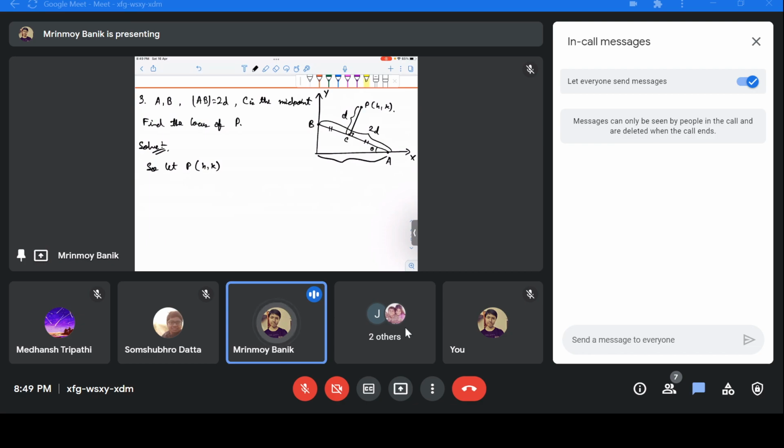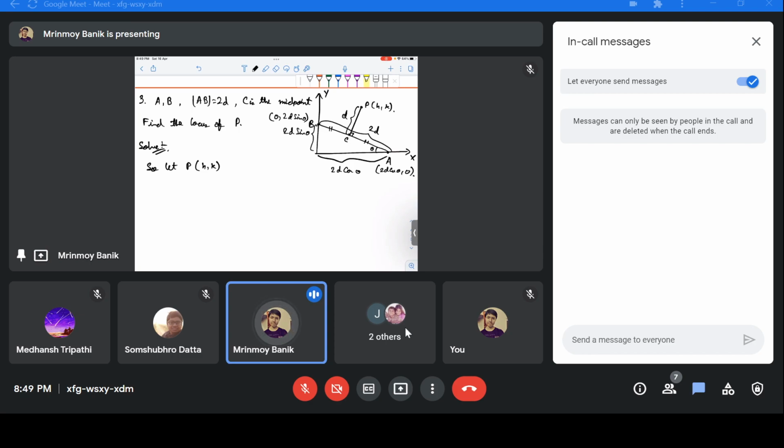Okay, so if you assume this is theta, then this is 2d cos theta, and this is 2d sine theta. So B is 0 comma 2d sine theta, and A is 2d cos theta comma 0.